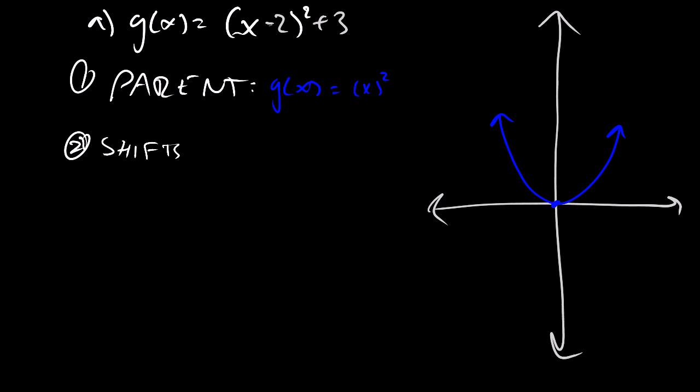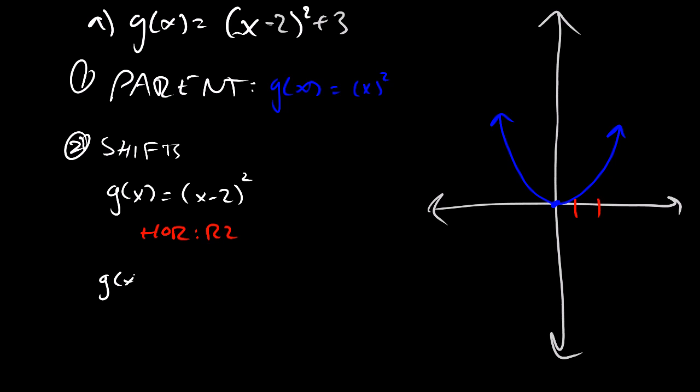So, if our g of x is equal to the quantity (x minus 2) squared, if the number is attached to our x, we know it's a horizontal shift. And it's going to do the opposite of what we think. So if we think negative 2, it does the opposite and goes right 2. So 1, 2 goes to the right 2.